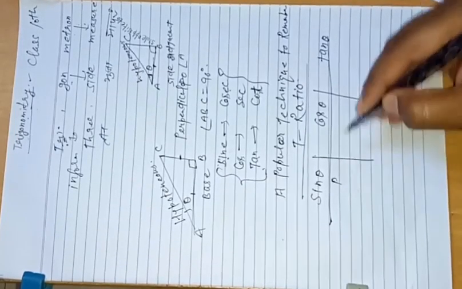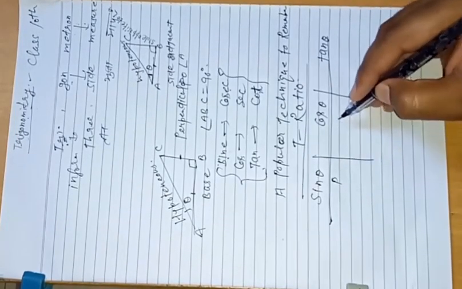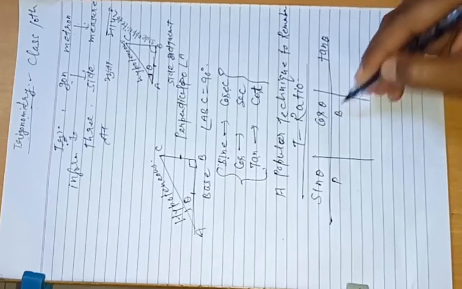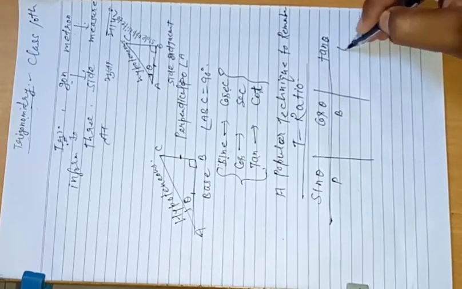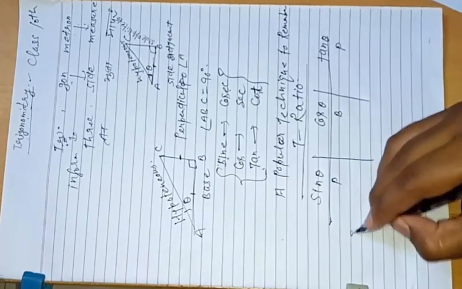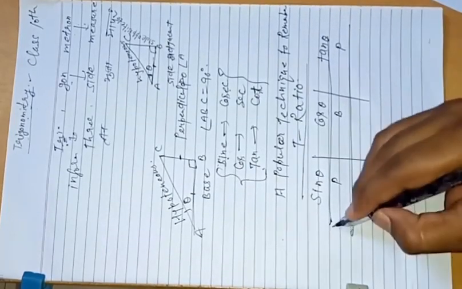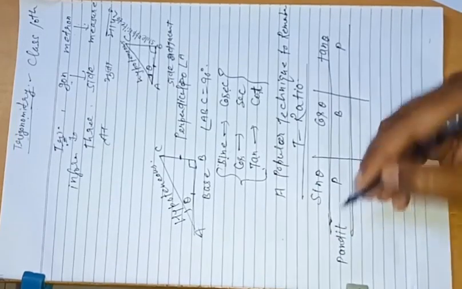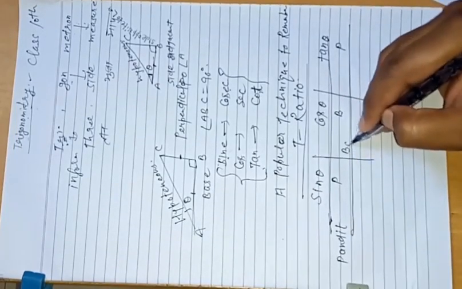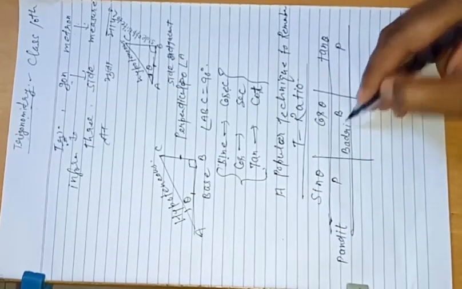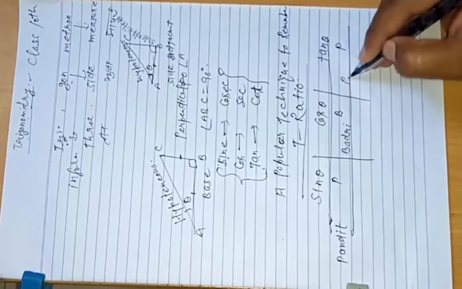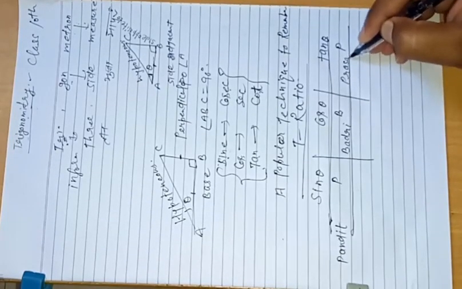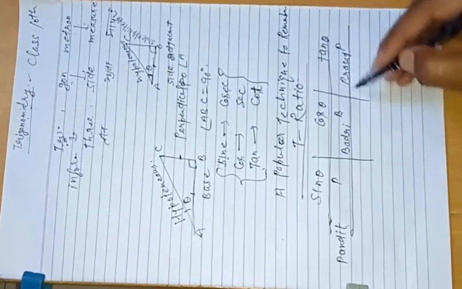This is P, this is B and this is P. Here P is Pandit, B is Badari and P is Prasad. Pandit, Badari, Prasad.